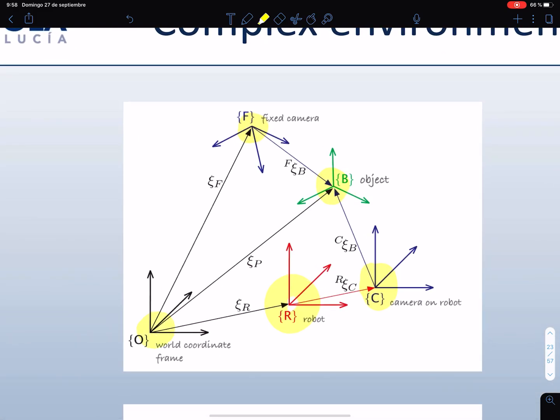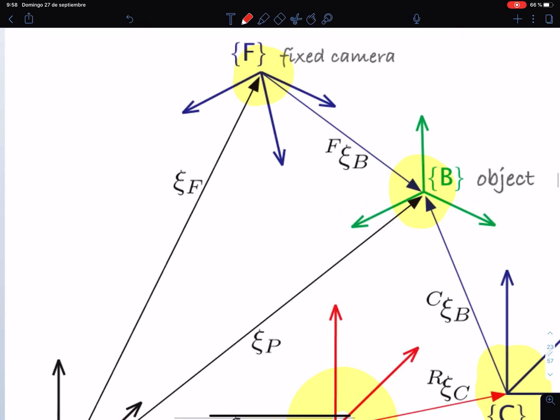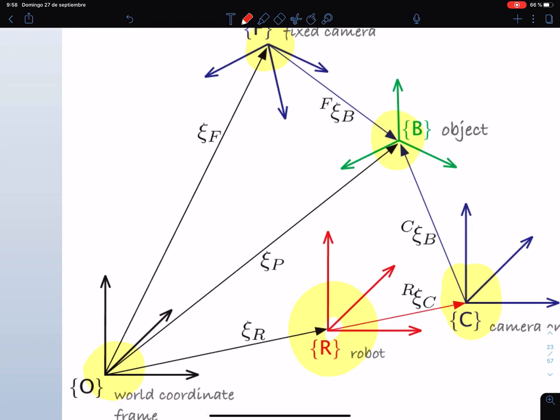So we have 5 coordinate frames and we will see that there are some transformations between all those coordinate frames. In this exercise, we will see how we compound transformations. Okay, so we will relate each coordinate frame to the origin by doing the following. Well, first of all, assume that we have the homogeneous transform matrices that appear in this drawing.